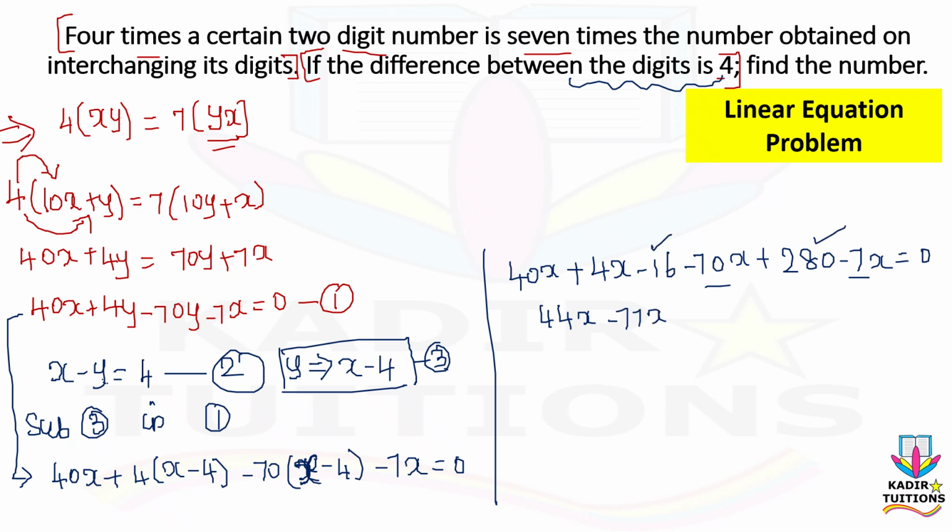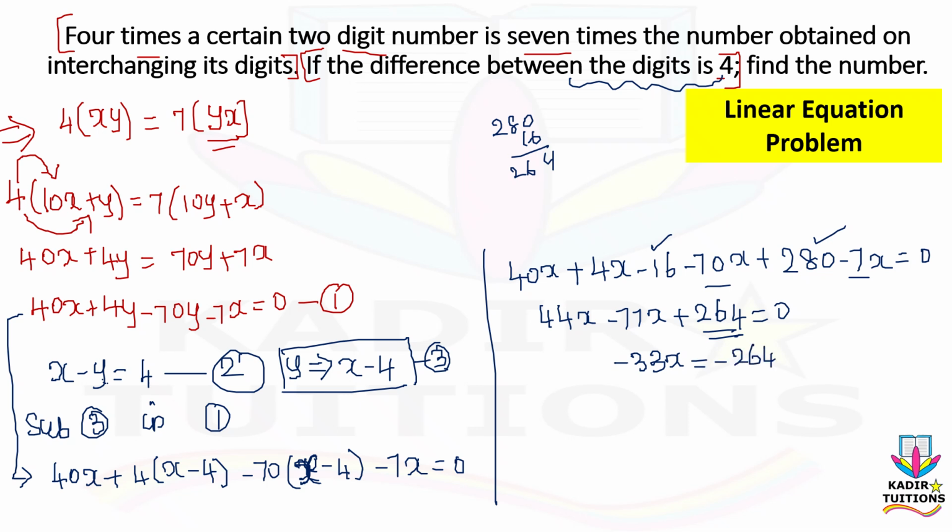If we subtract 16 from 280, what we will get? Just we will check it. It's 264. So it's going to be 264 equal to 0. What is 44 minus 77? It is minus 33x, and this 264 we can move to the RHS, so it will become minus 264.